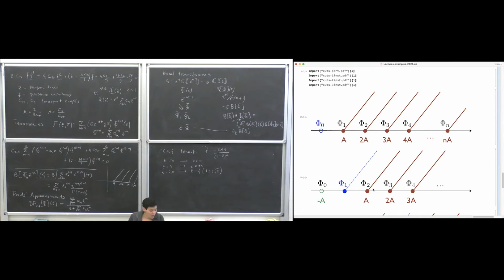So for phi 1, and this is what is written here, at the singularity A, phi 0 is on the other side, but phi 0 is the perturbative series. It's an honest perturbative series. There's no cut associated to it. So you'd still have cuts at A, 2A, 3A, as seen from phi 1. And you have an infinity of cuts.